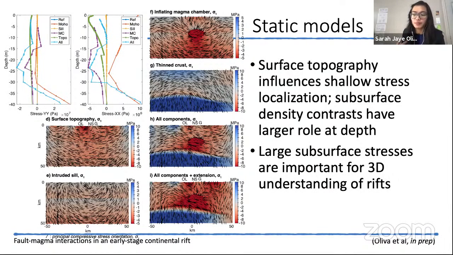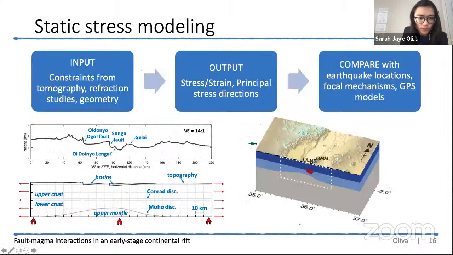I'm calculating the mean stress that would correspond to a reference model with no perturbations, something with just uniform thicknesses, no topography, no magma chamber.